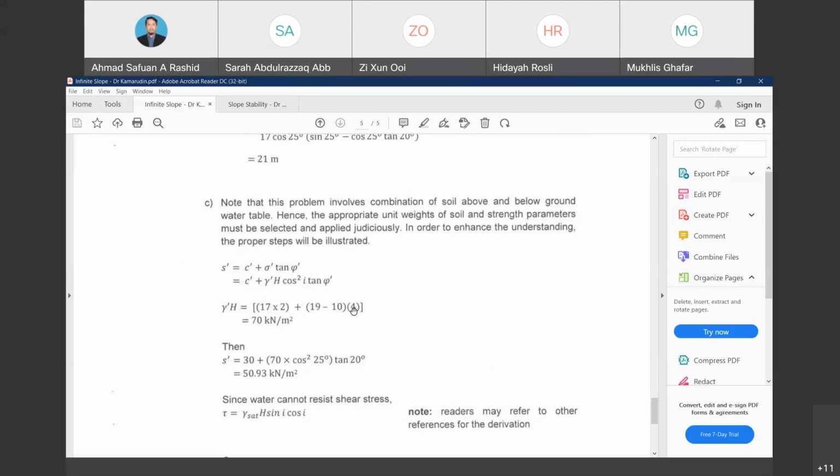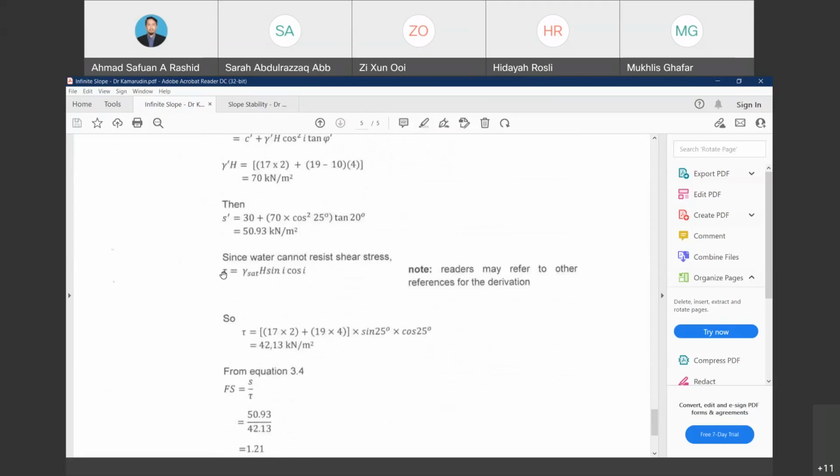This is the effective stress calculation, equal to 70. Then include the 70 and all the other parameters inside the equation of S, and we obtain 50.93.